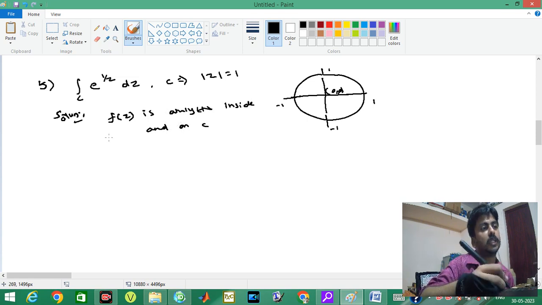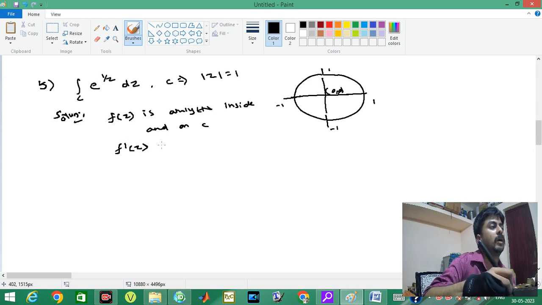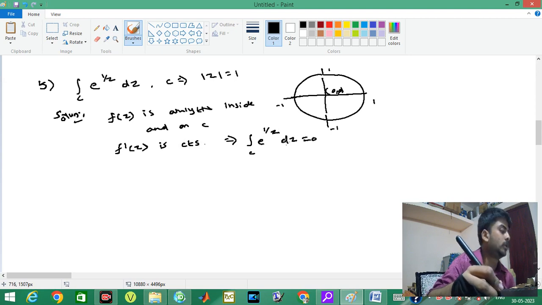F of z is analytic and f dash of z is continuous inside and on C. Then it implies integral over C of f of z dz is 0, that is, integral of e power 1 by z dz equal to 0.